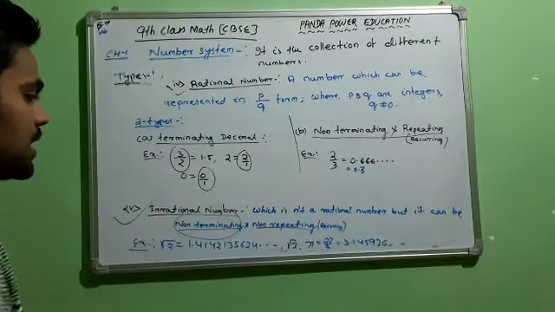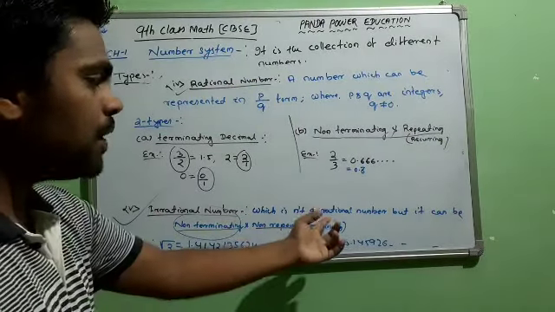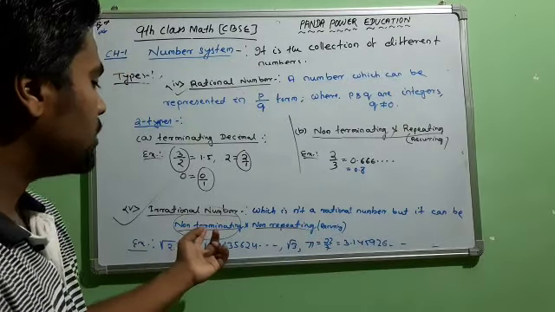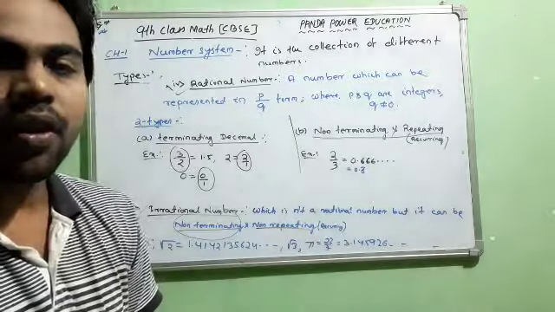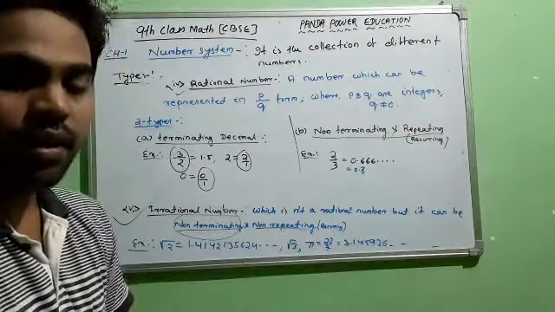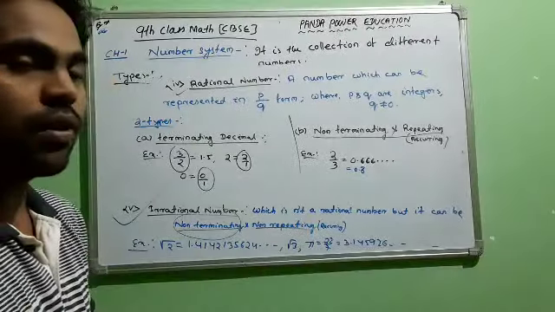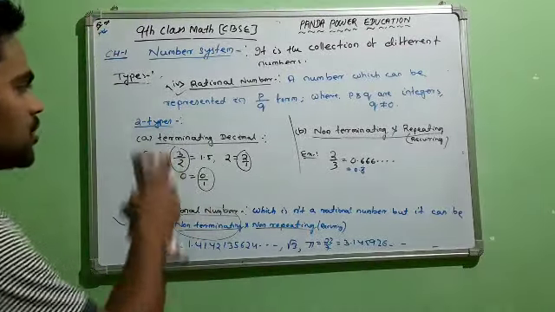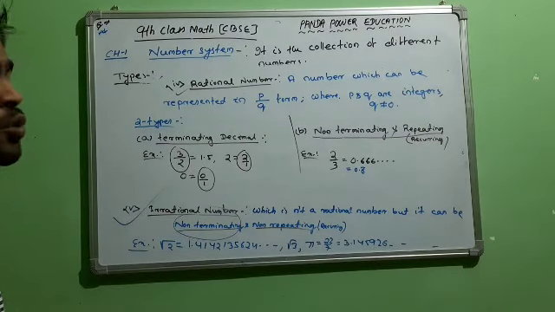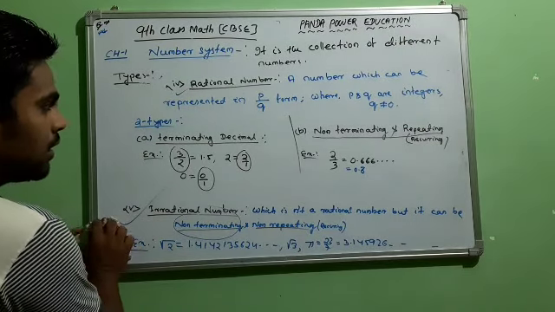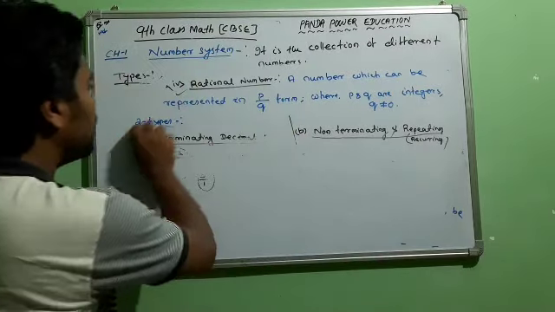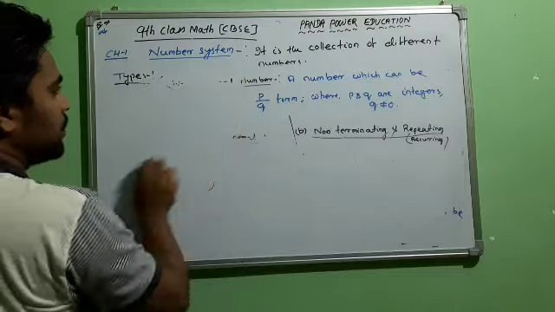An irrational number cannot be written that way, but it is non-terminating and non-repeating. Examples: root 2, root 3, root 5. Clear? This is the fundamental part of the number system. You should know that. If any doubt, you can ask me in the comment box.